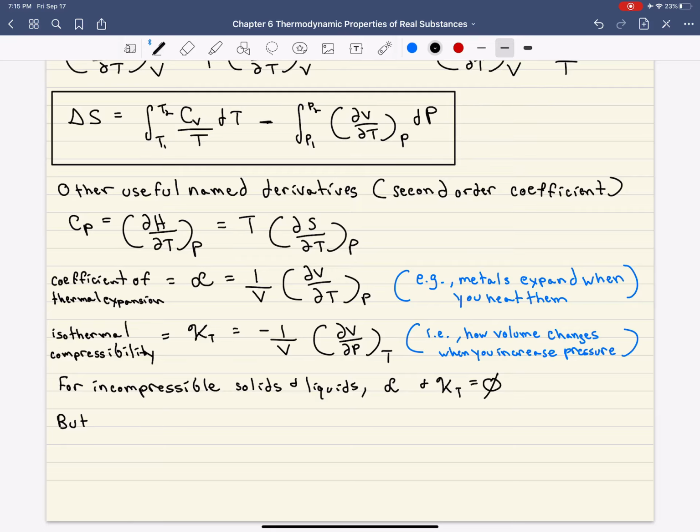But in real life, or under real processes, the incompressible assumption is like making the assumption of an ideal gas, right? So whenever we're dealing with real solids and liquids, alpha and kappa T would not be equal to 0.